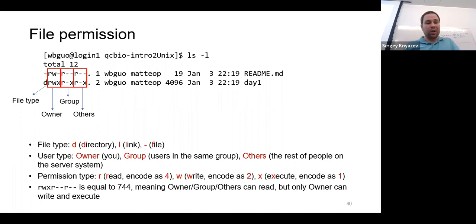For example, for RWX, the sum of 4, 2, and 1 is going to be 7. So 7 means that the owner can do everything: write the file, read the file, and execute the file. If it's 4, it serves only for reading, right? If it's 5, it's for reading and execution, right?